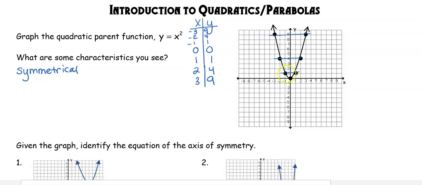So every point on the left is going to have a mirrored point on the right. If you think back to geometry, this is a reflection over your axis of symmetry. The axis of symmetry is that line, you called it a line of symmetry in geometry, which shows that reflection.